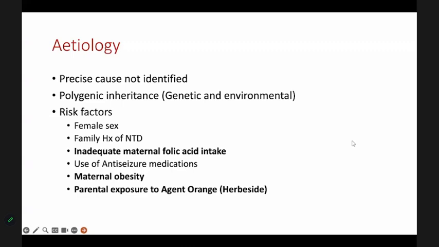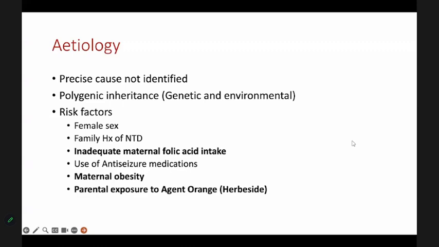That's inadequate maternal folic acid intake, maternal obesity, and parental exposure to this particular agent, which have been linked with a definite risk of developing neural tube defects. But the others are implicated risk factors, like female sex and family history of neural tube defects. So if you have one child who has a neural tube defect, we have to be very cautious.